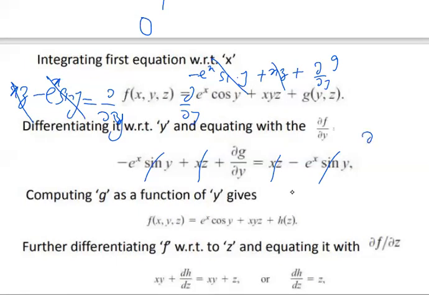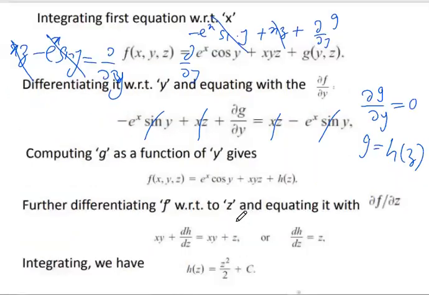So when you differentiate g with respect to y partially, you get 0. That means g does not depend on y, and g is strictly a function of z only.